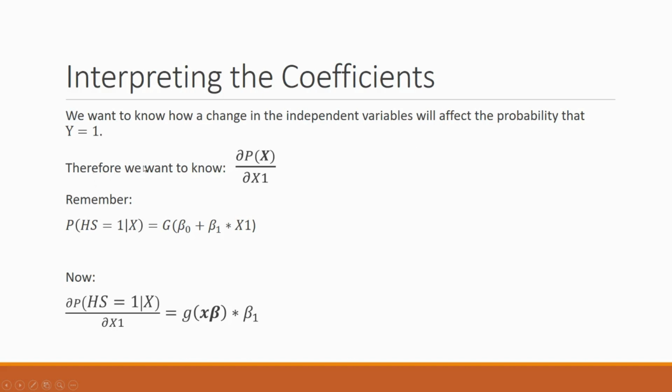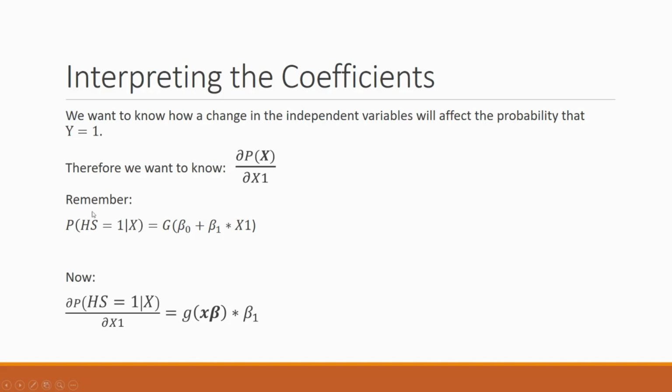So basically, we want to know the derivative of the probability, the probability that y will equal 1 is a function of x, given a change in the independent variable. That's what we want our coefficient to tell us.